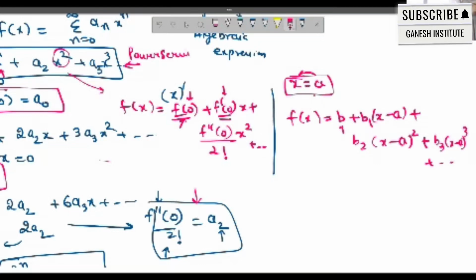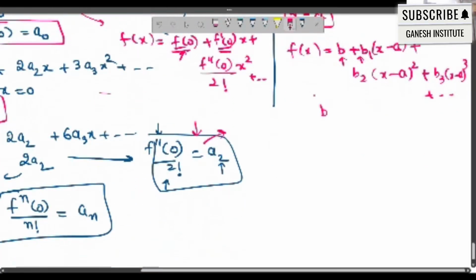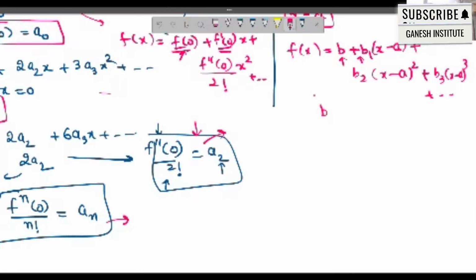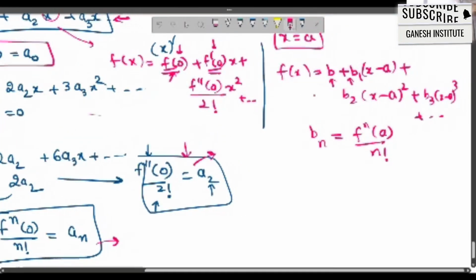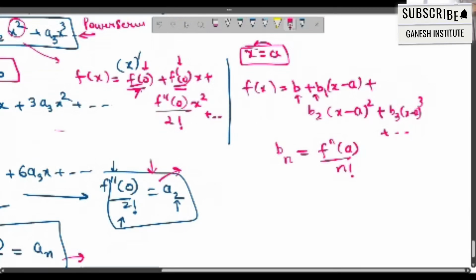Ma'am, I don't get this part. Okay. So what I'm doing here, this f raised to power n by n factorial, I'm considering it as b. Is it fine? Yes, ma'am. Now let us consider.